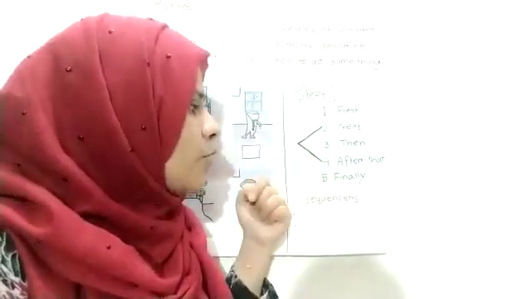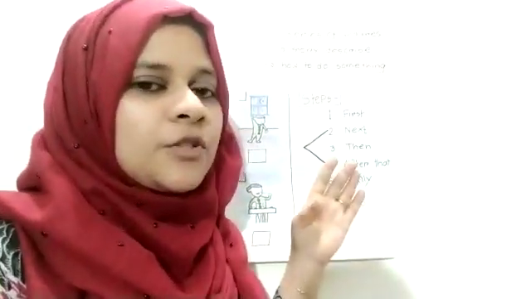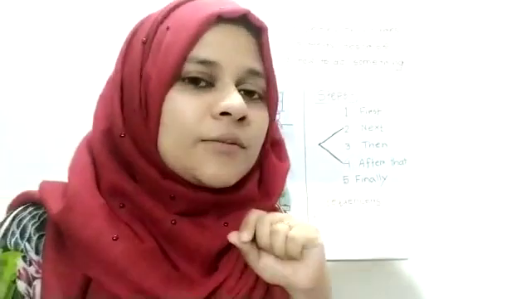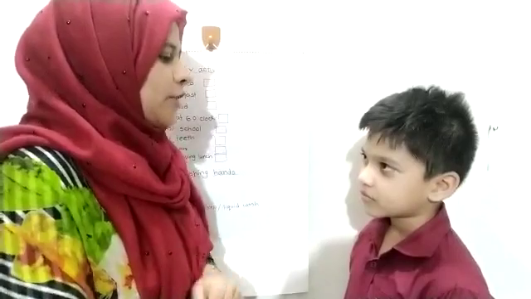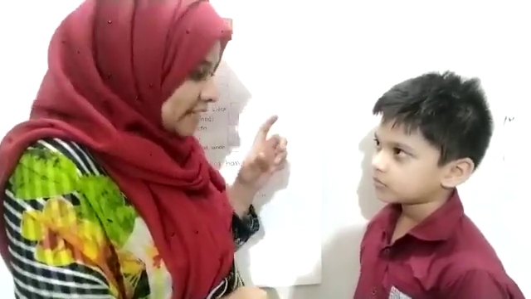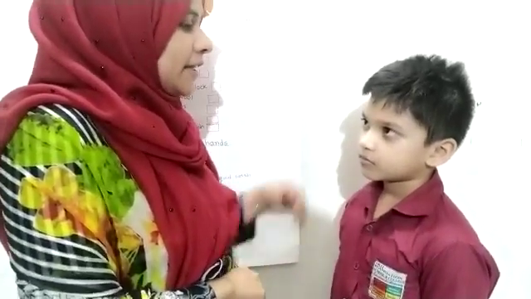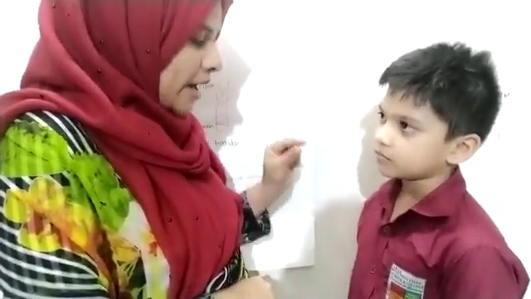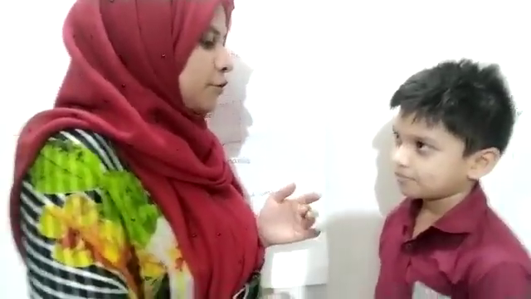Okay, now we will see some other examples that will be done by our student Ahyan. Okay, Ahyan, what do you have to do now? I have written some daily activities that you have shared with us, and there are some boxes. You have to put the number to sequence the order of your daily activities.